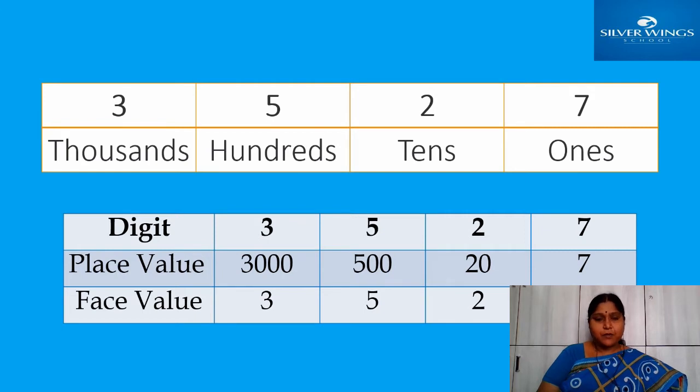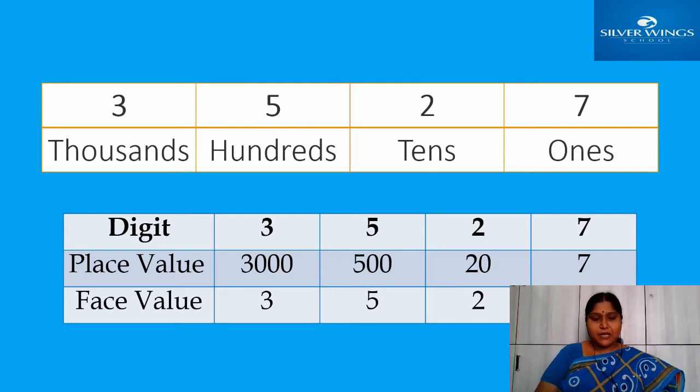Okay. Here one more new word came, that is face value. Face means here your face, your father's face, your mother's face. Like that you should recognize the faces; here also you should recognize that same number. That means face value of a digit is the digit itself. Did you understand the difference between place value and face value?